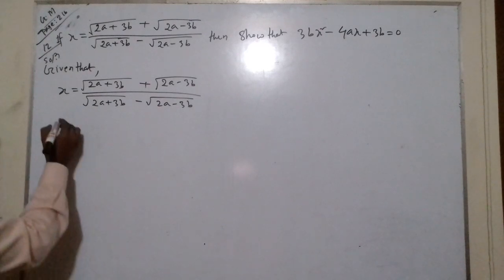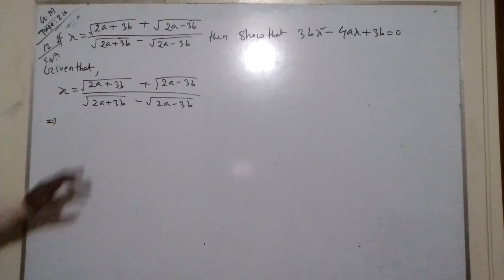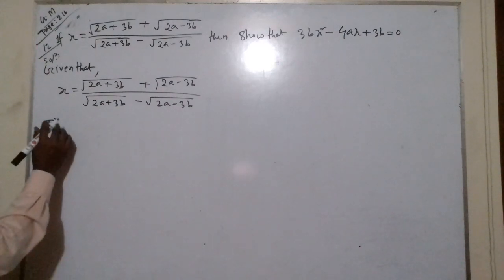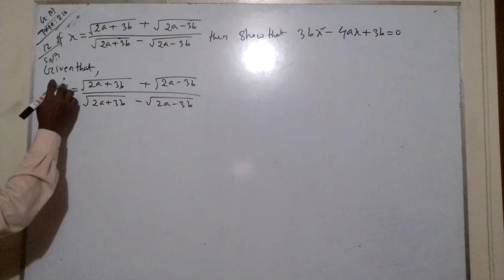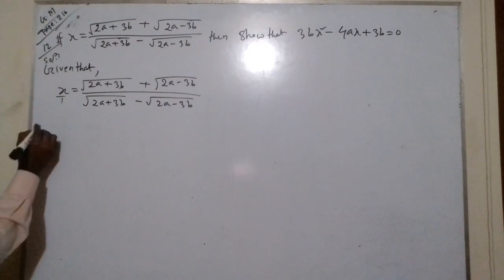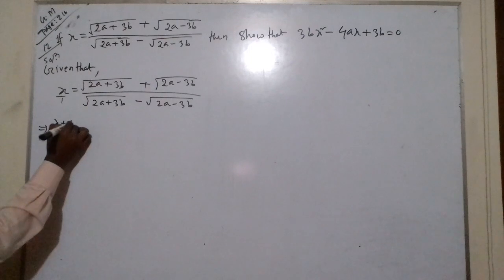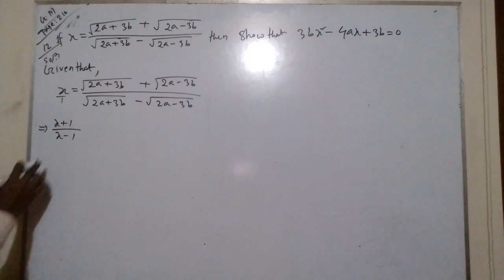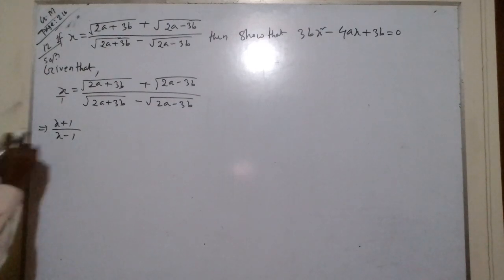we are applying the formula of componendo and dividendo. So here the numerator is x and the denominator is 1, so we can write x plus 1 divided by x minus 1. This is numerator plus denominator divided by numerator minus denominator.